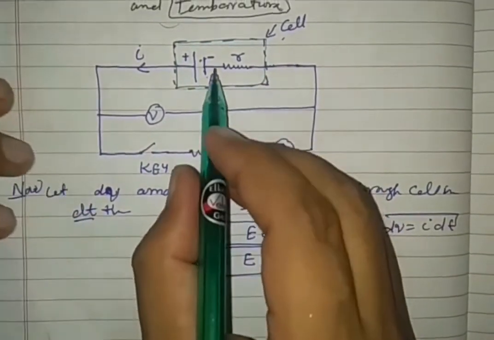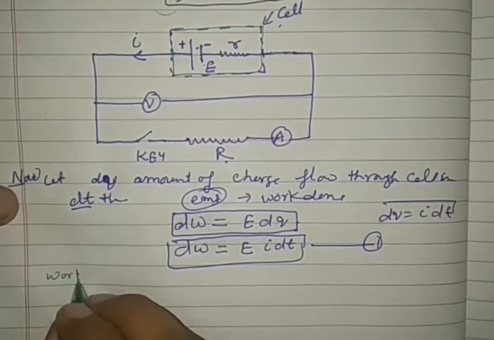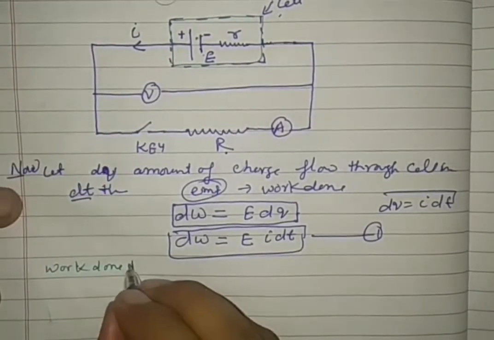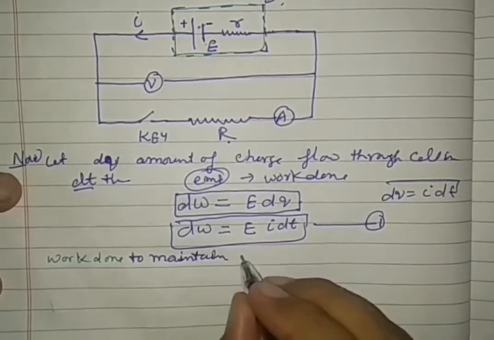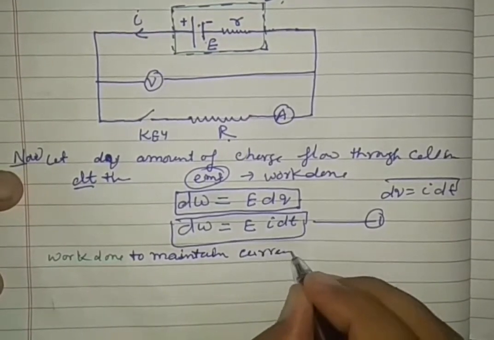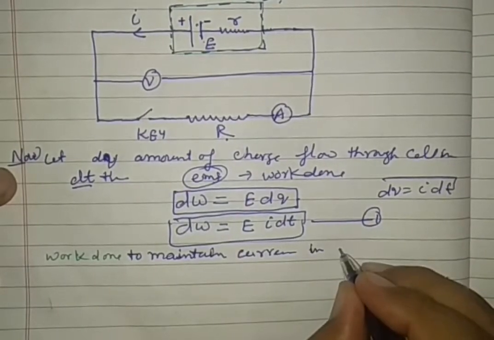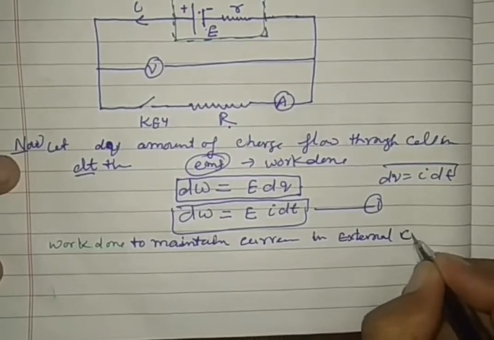So see how we are going to calculate work done. Work done to maintain current in the external circuit.